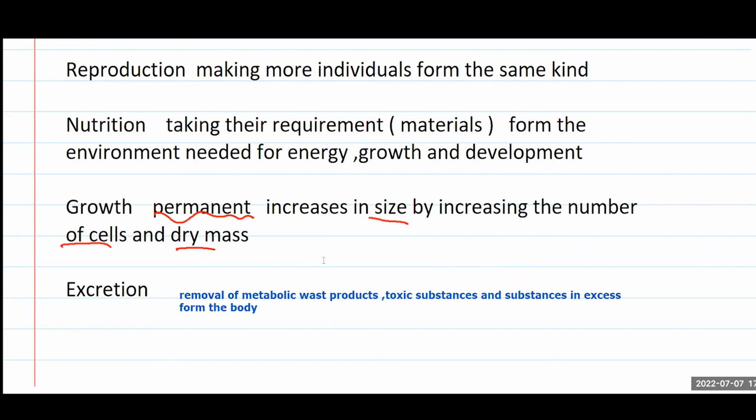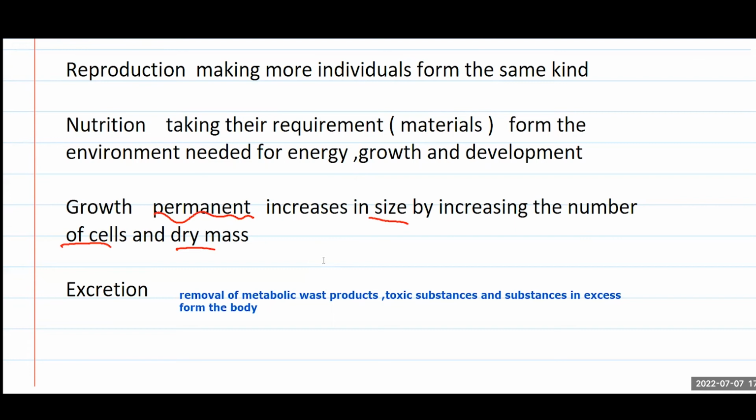After that, the excess amino acids will be converted into urea. This is a metabolic waste product, right? We have to get rid of that urea. It shouldn't stay in our body. This is one example of a metabolic waste product. Some hormones also, after releasing them, have done their function, so we have to remove them from the body.